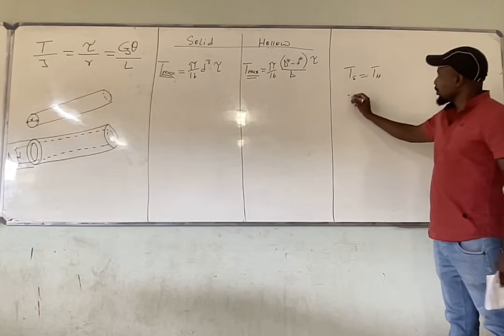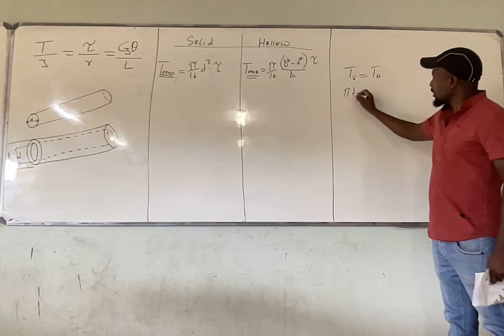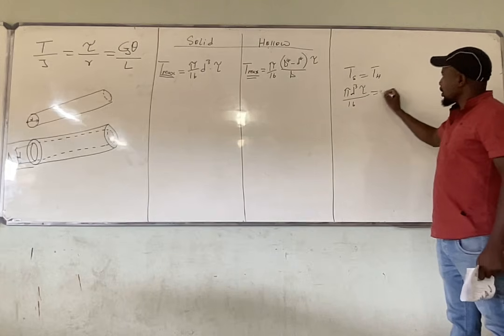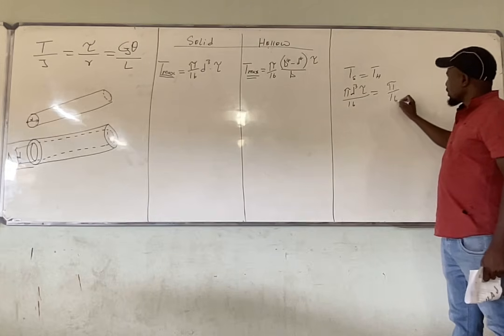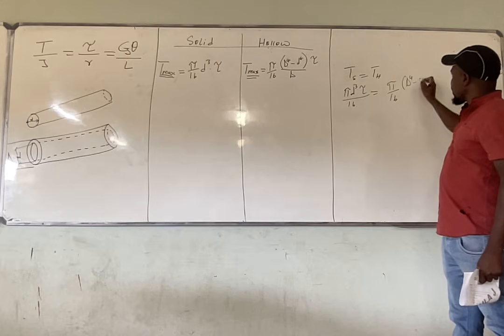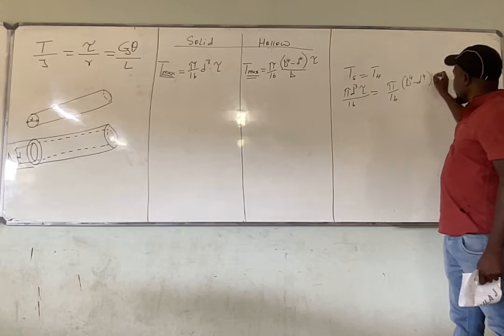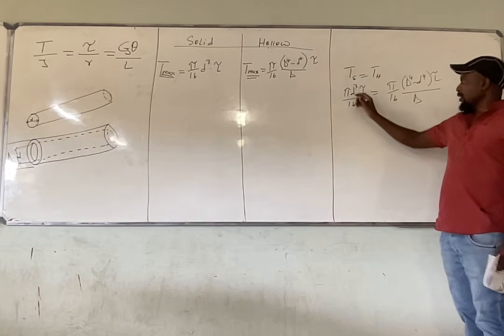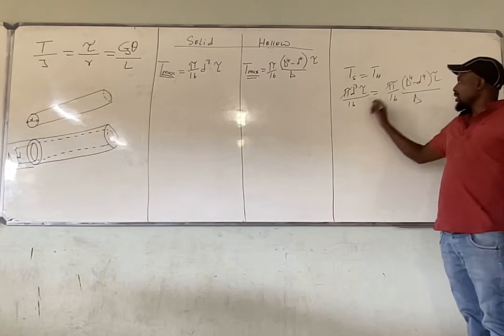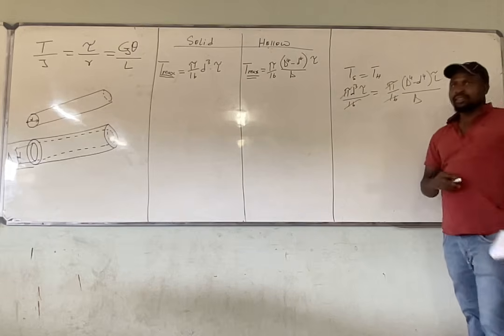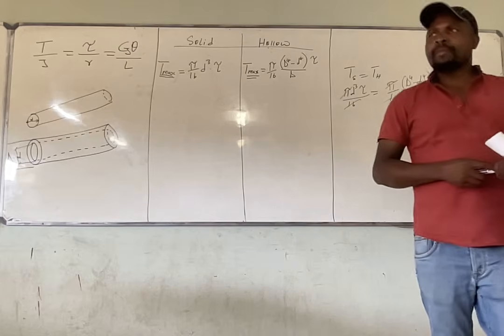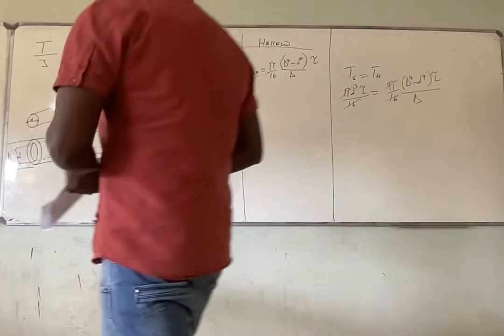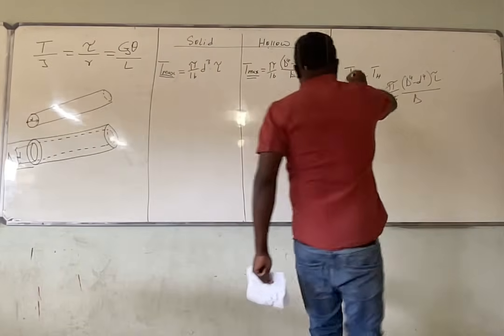Which means now we can say pi d cubed over 16 is equal to pi over 16 times D to the power 4 minus d to the power 4, times shear stress, all over D. Meaning this pi and pi cancel, 16 and 16 cancel. You get that part? Yes. When do you apply this one?